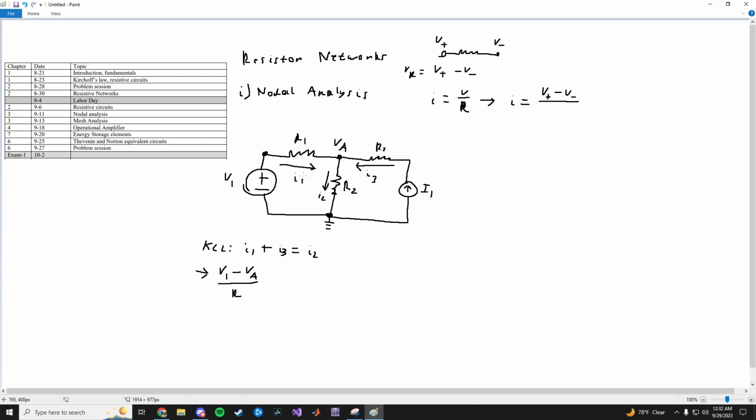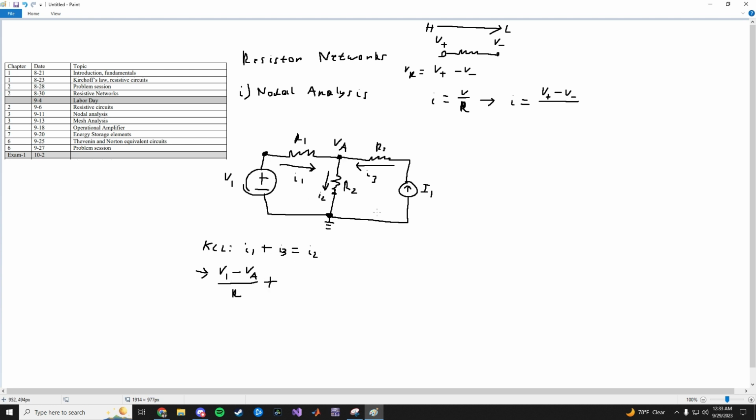An easy way to know which way to subtract: I drew this current going from V1 to VA, because conventionally current flows from high to low potential. I'm following the arrow, from V1 to VA, so that's the way I've subtracted.